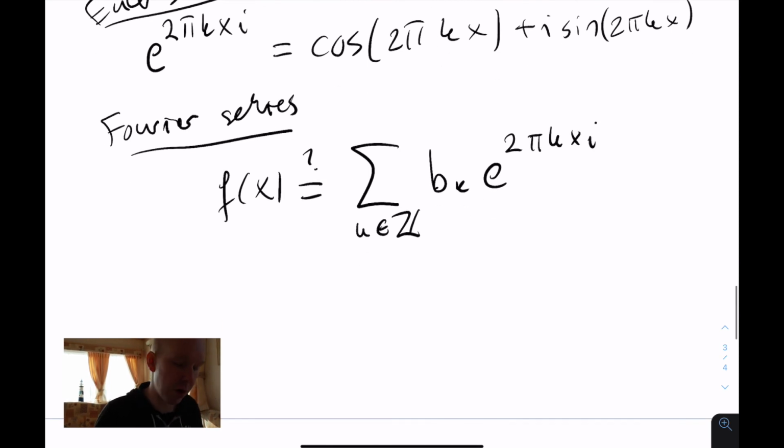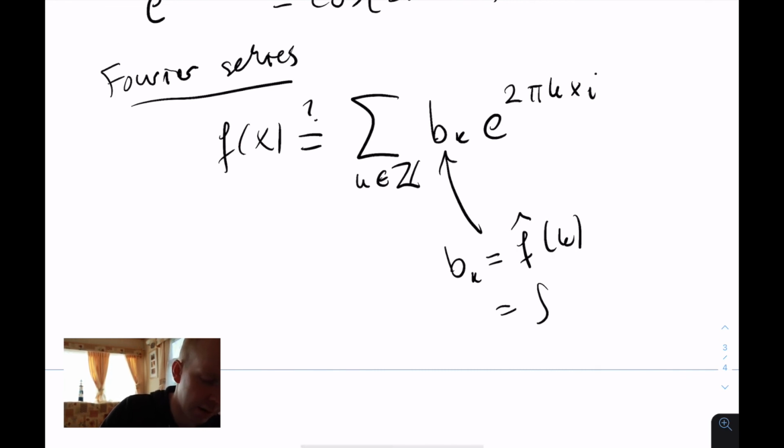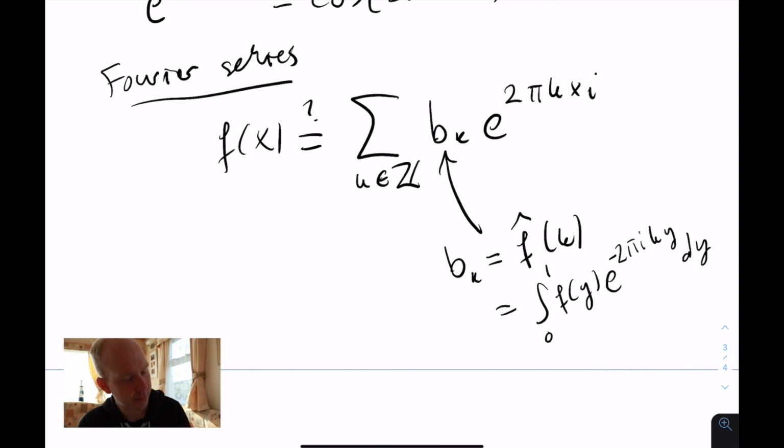So is it possible to write it in this form? And here you want these coefficients to be something called the Fourier transform of f at k, which we define to be the integral, let's say from 0 to 1, of f of y e to the power minus 2 pi i k y dy, in the same way. So that's the question, whether it's possible to do that.